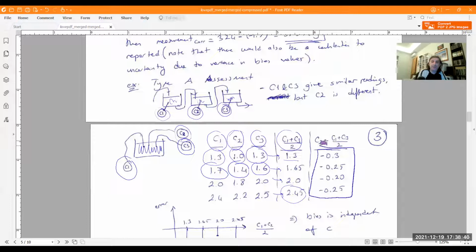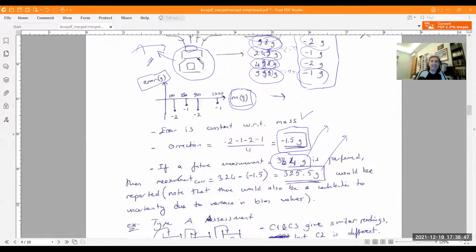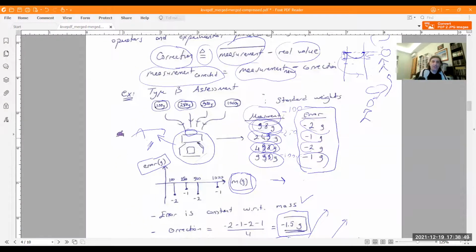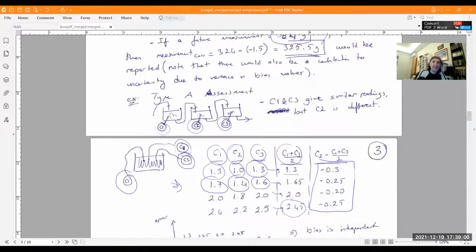Note that there is an important distinction between this experiment and the previous correction. That was a type B assessment because we had these external weight values which we know to be true. Here, we do not know whether C1 and C3 are true. Actually, we don't care about that here. As long as they show the same value for the same solution, that's okay.